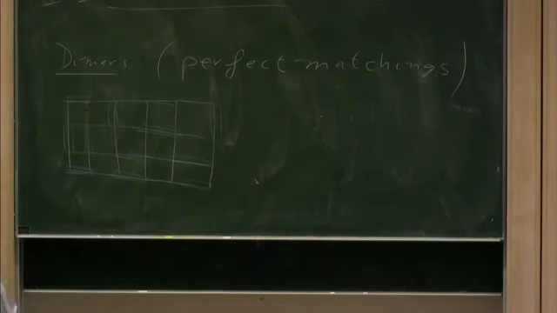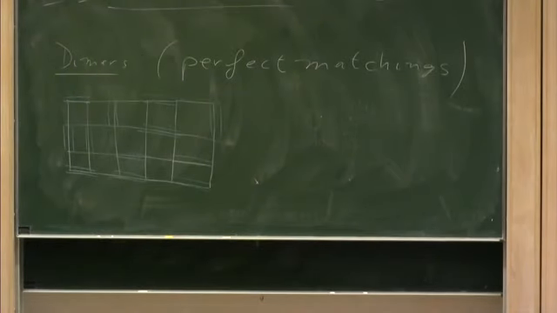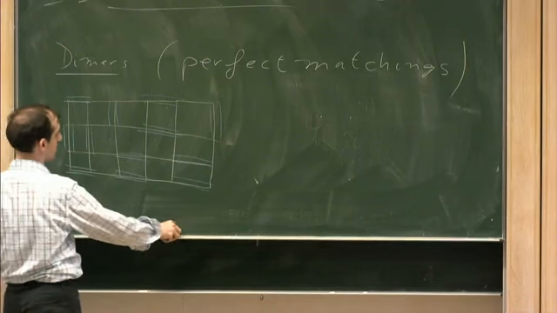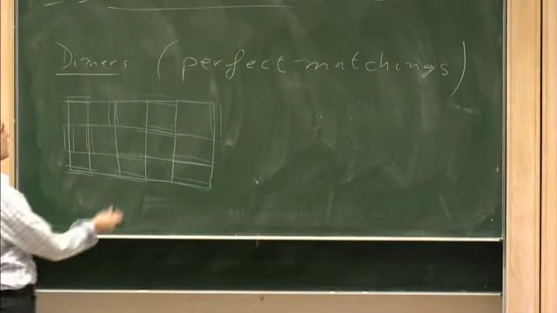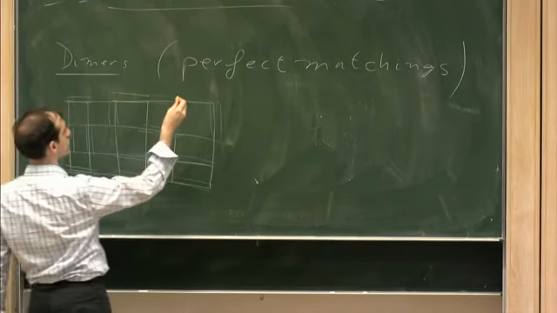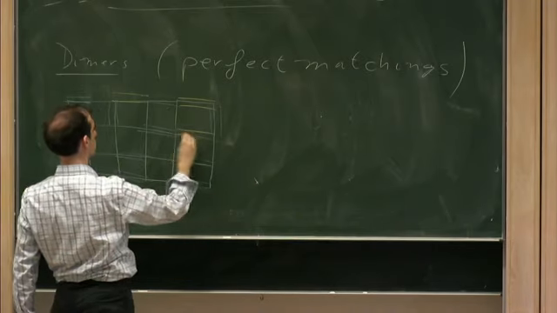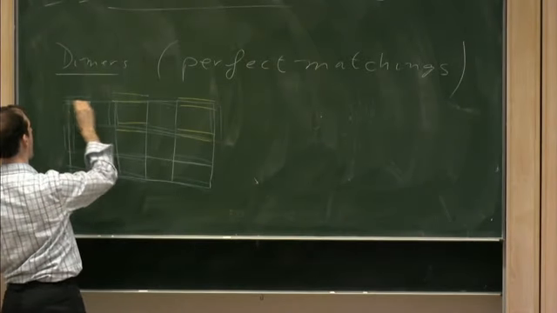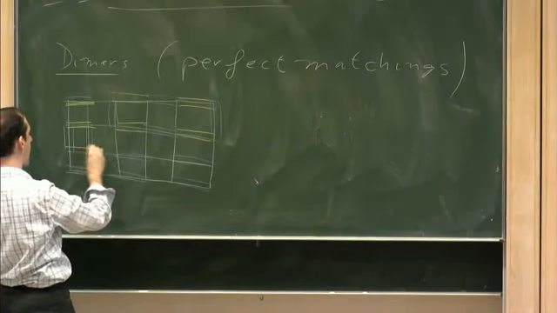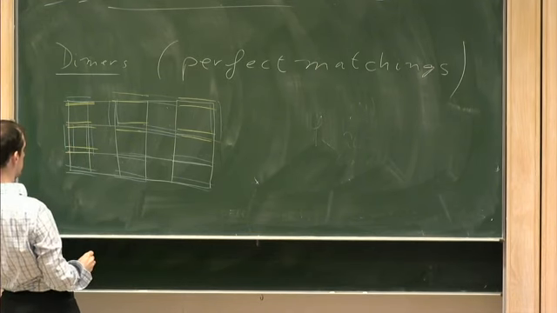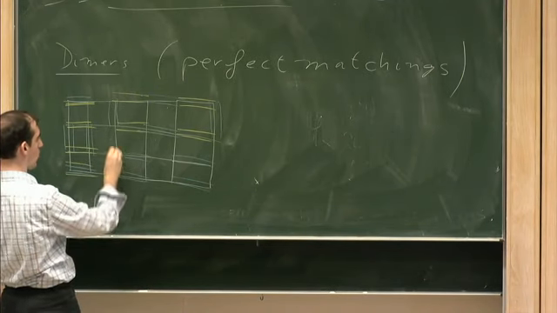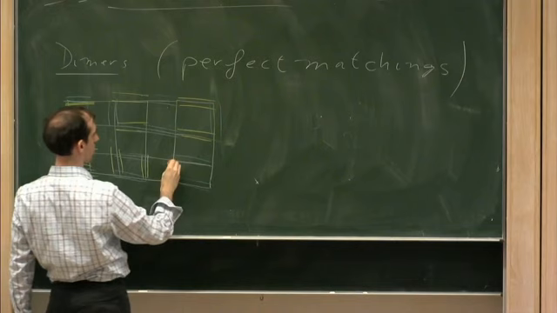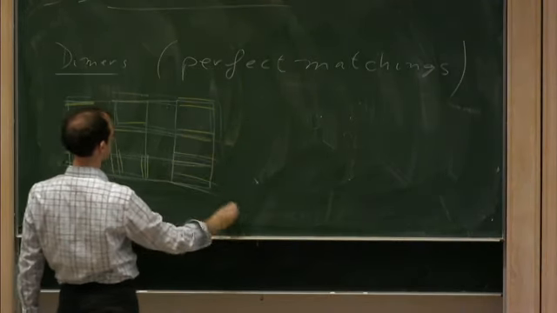Okay, so I just pick a certain number of edges. And then I can play the same game and take another configuration which is going to have the same property. So I'm going to use another color. It's going to look like this. Something like that.